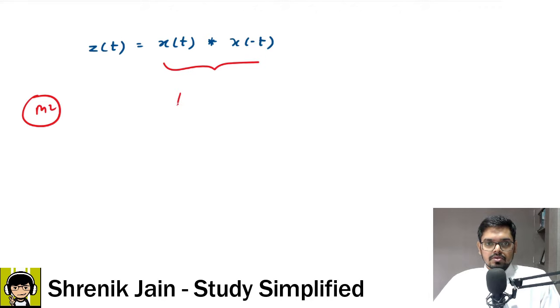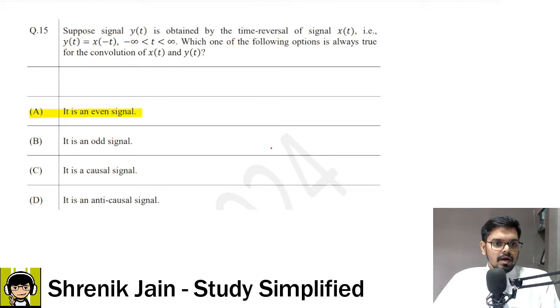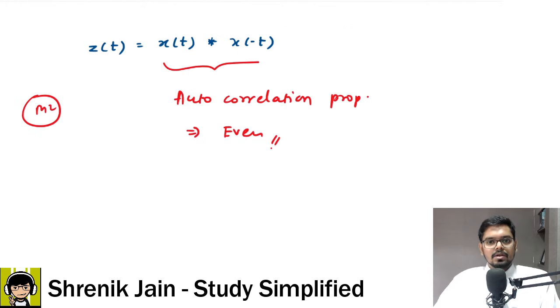So if this is autocorrelation, what is the property of autocorrelation signals? Those signals are always even. Because it was autocorrelation, we know the property, it is even. So see the options, mark option A, and that's all. The correct answer is option A. No need to do all the calculation. Okay, so that was your method 2.